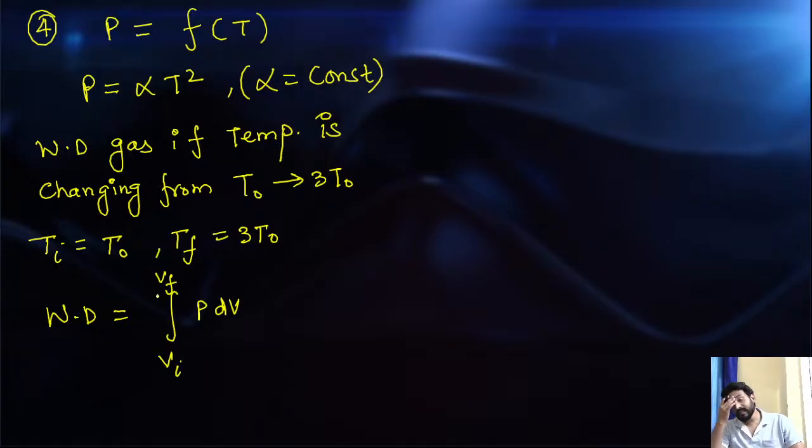Now sir, in that case what will we do? If you put P as alpha T square, the integration is in the volume, and here this term is temperature T. How do we solve this?